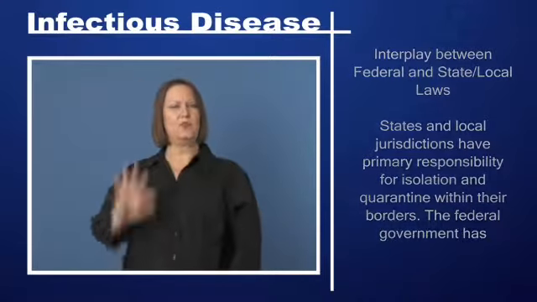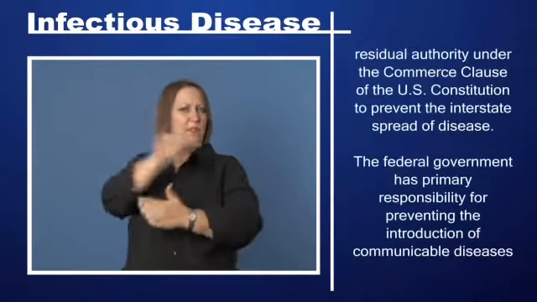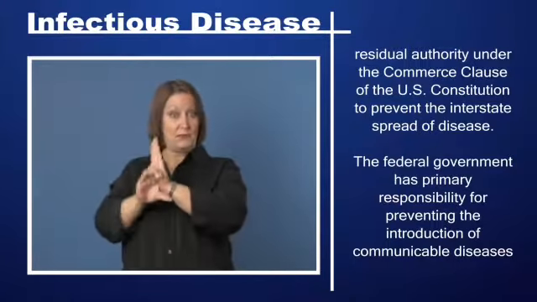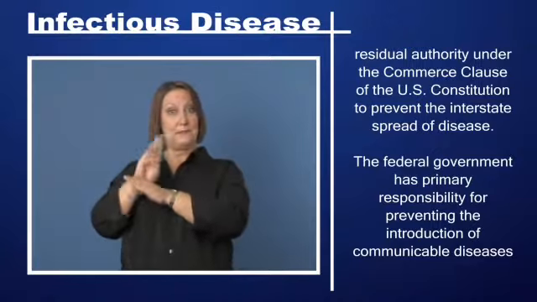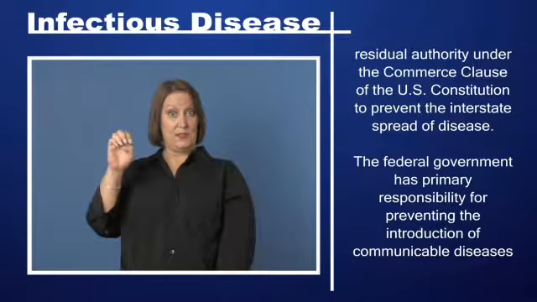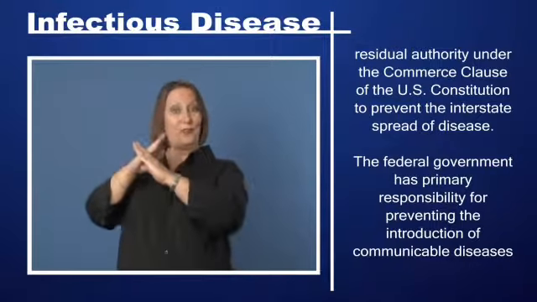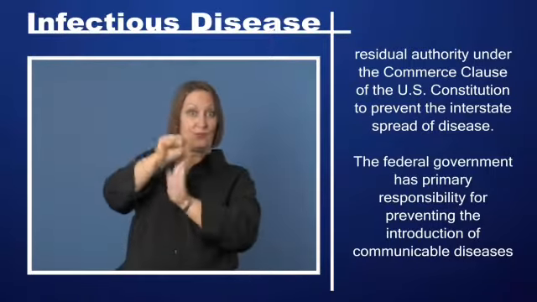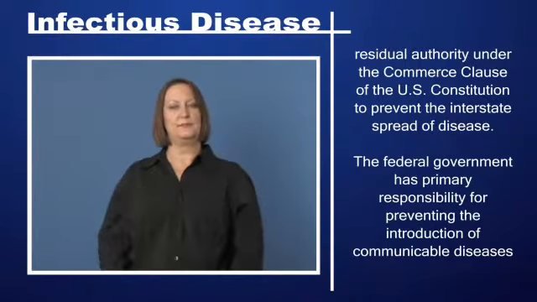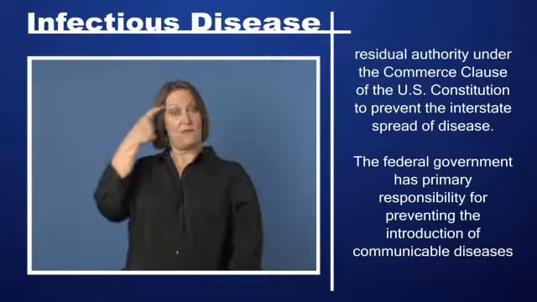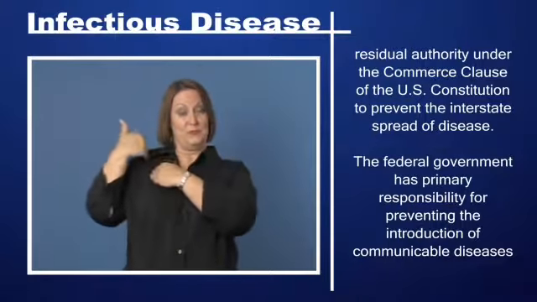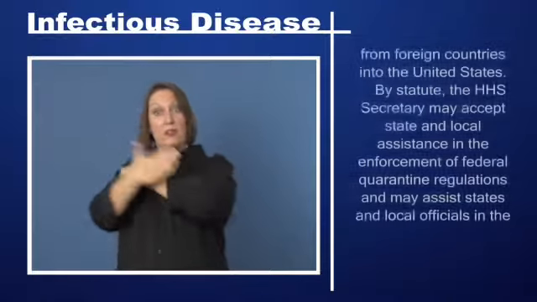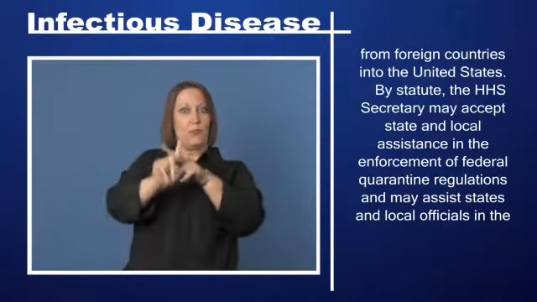The federal government has residual authority under the Commerce Clause of the U.S. Constitution to prevent the interstate spread of disease. The federal government has primary responsibility for preventing the introduction of communicable diseases from foreign countries into the United States.